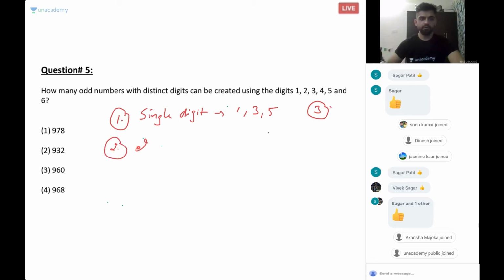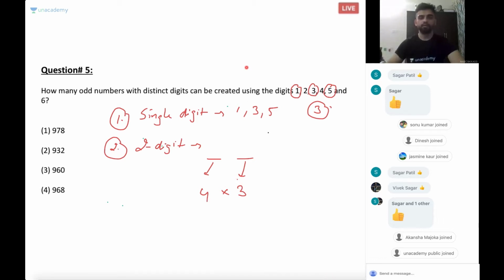Then we have 2-digit numbers. The unit position has to be filled in either of the 3 ways. This can have either 1 or 3 or 5. The tens digit can have any of the rest 4 values. This can be filled in 3 ways and this in 4 ways.